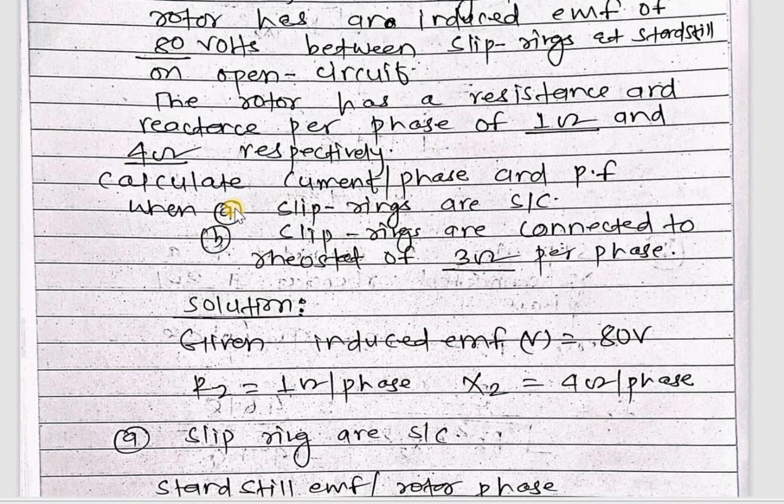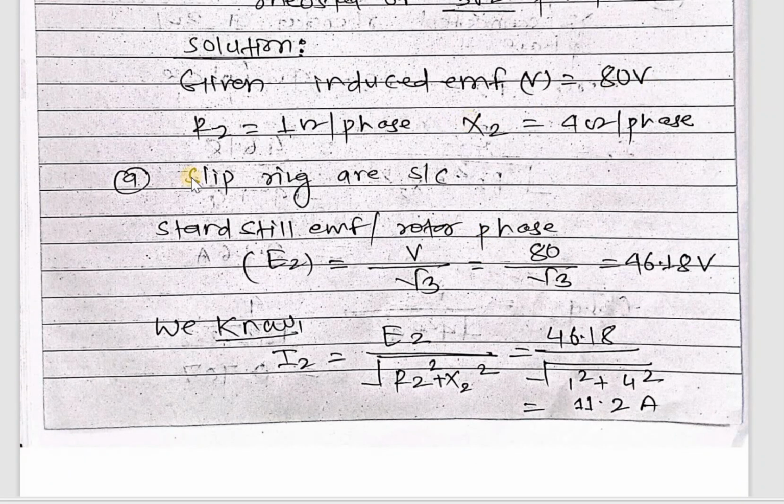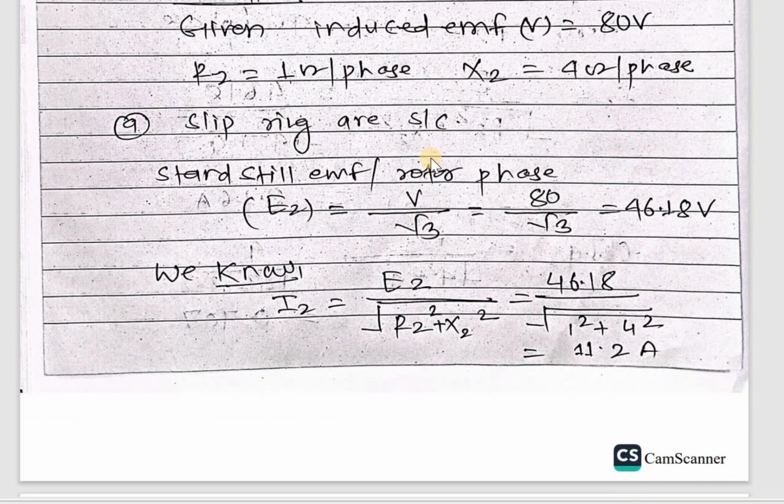In this condition we have to calculate current per phase and power factor, for the first condition, slip rings are short circuited, and second, slip rings are connected to a rheostat of 3 ohm per phase. First of all, induced EMF 80 volt, R2 is the resistance, 1 ohm per phase, and X2 is the reactance, 4 ohm per phase. This is already given.